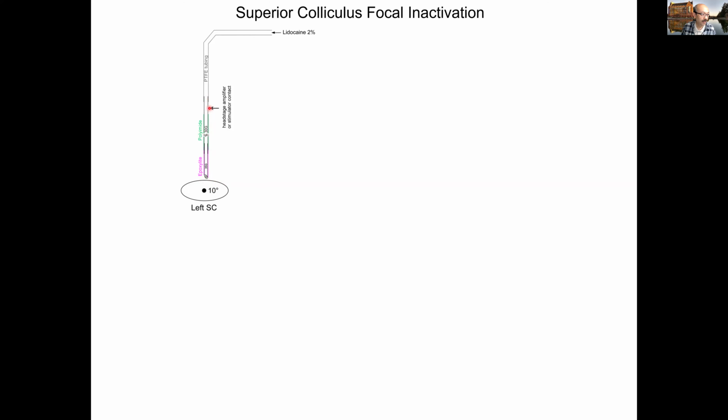And then we expose this part to make contact with an amplifier or electrical stimulation, and then we continue with the Teflon tubing, where we injected 2% lidocaine. And we aim at the larger side of the colliculus, 10 degrees or more.